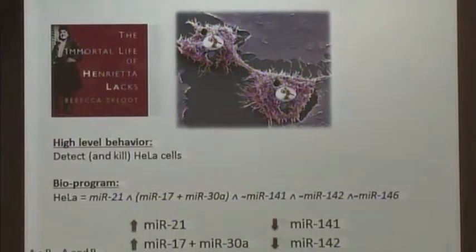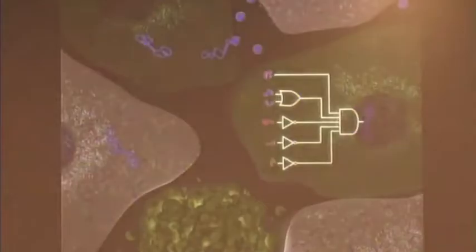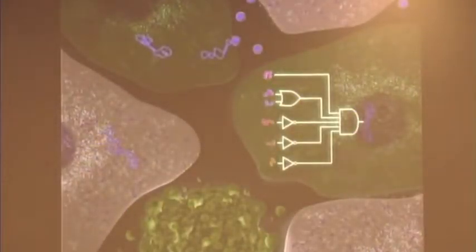And we said, by looking at microRNA atlas data, that this appears to be a profile that really is indicative with a high level of specificity to HeLa cells. And so this is what it would look like. So we have a cancer classifier that's encapsulated, some kind of an agent that goes into the cells, does this logic operation, and then controls the expression of an apoptotic protein.